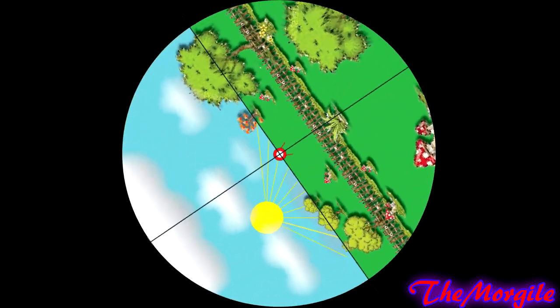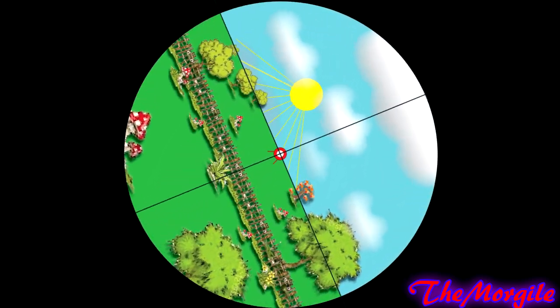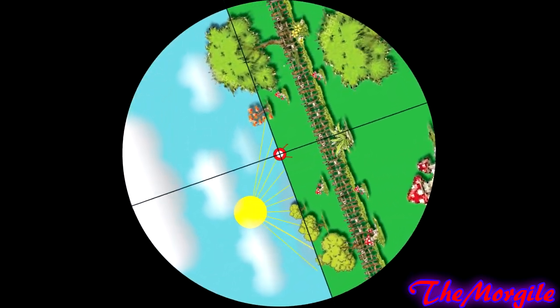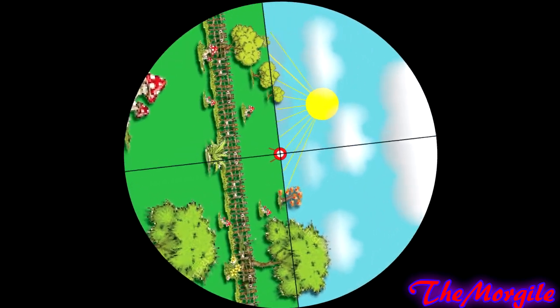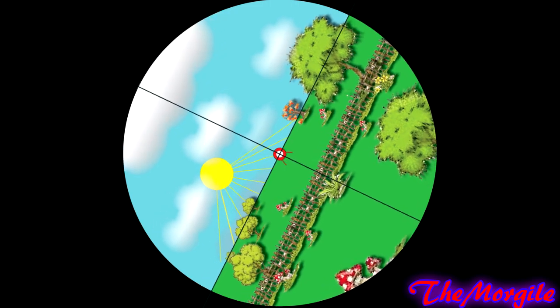Now, as long as the target is 100% accurately lined up to that scope, to that crosshairs, then that target will appear to be central to everything else in the image. Okay?